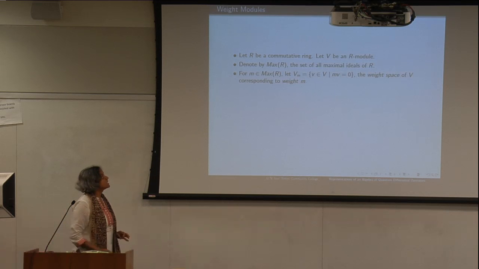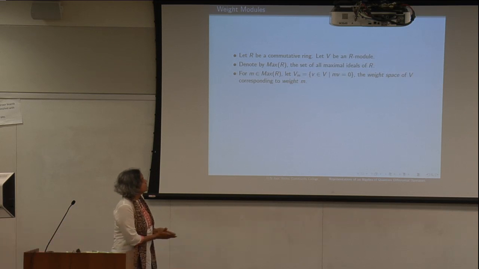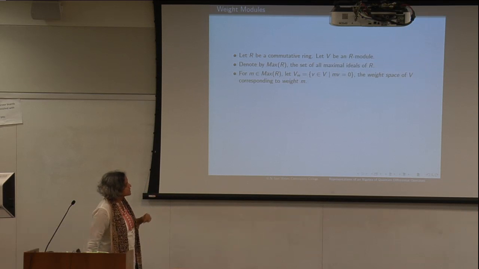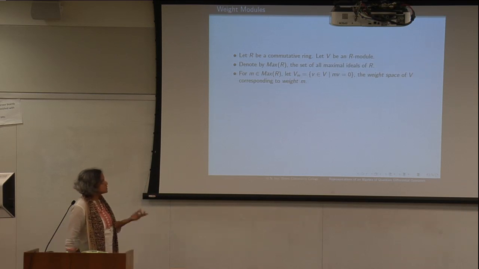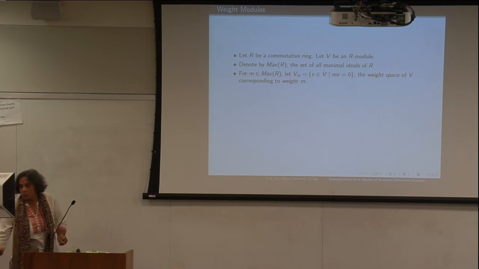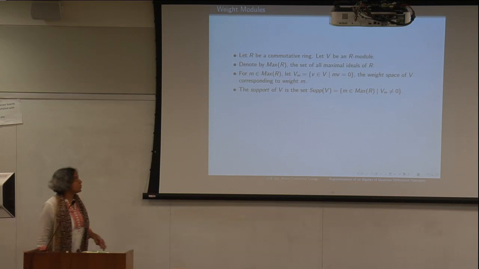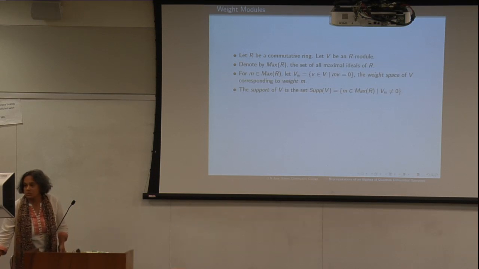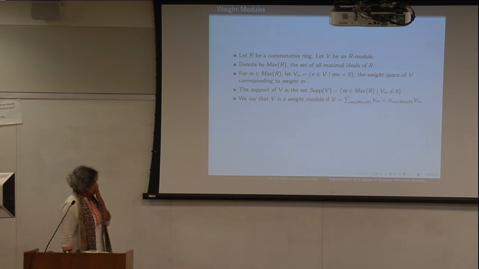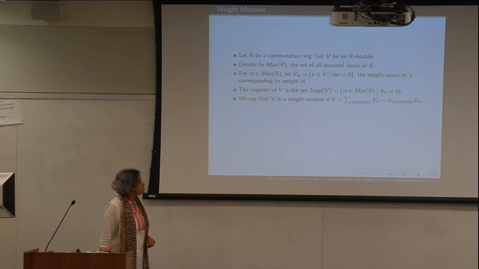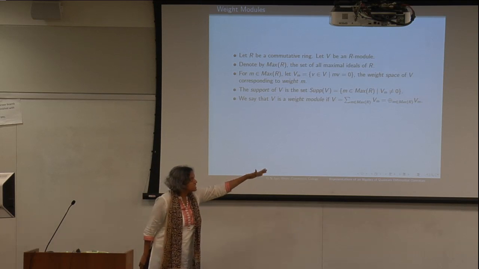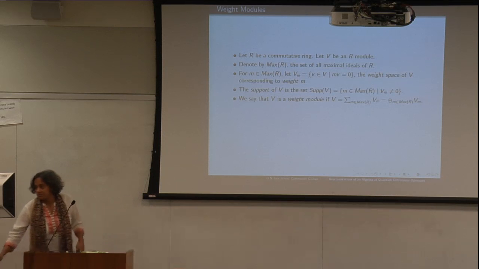For any maximal ideal m of R, V_m is the set of all those vectors annihilated by m. That's called the weight space corresponding to m, weight m. The support of V is all those maximal ideals where the weight space is non-zero. We say that V is a weight module if it splits into a direct sum of weight spaces.